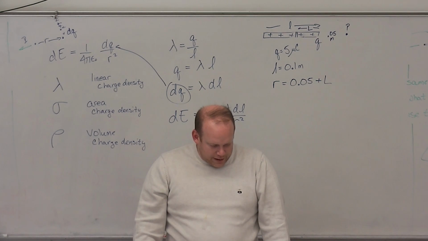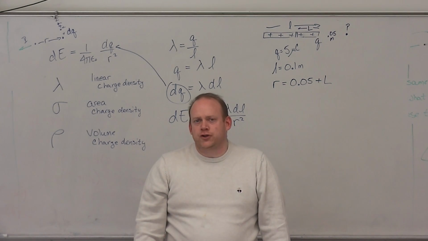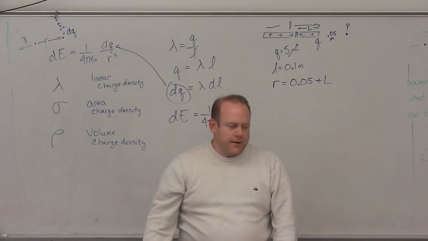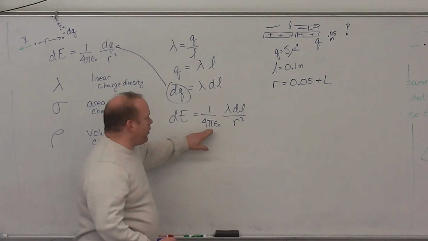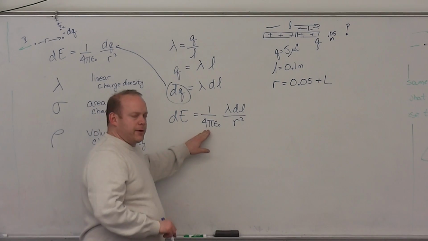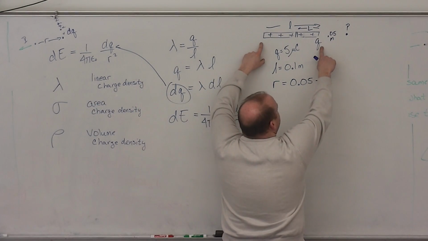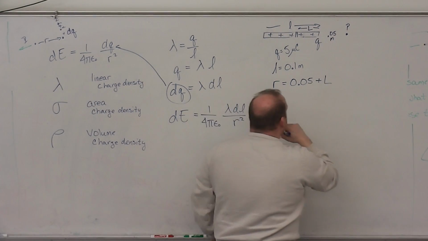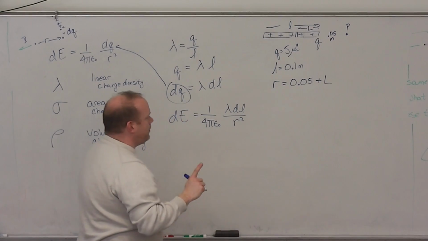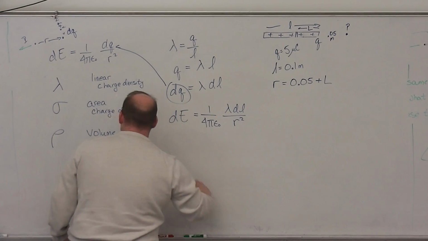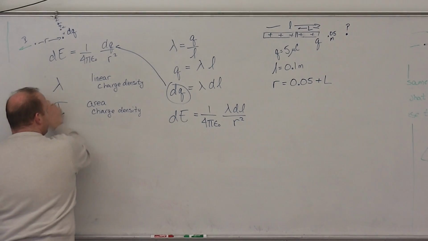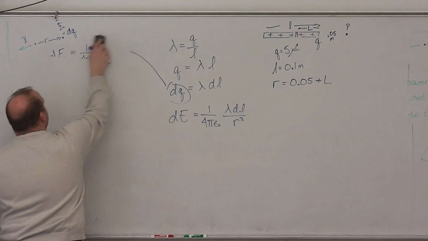Okay. So let's take a look at a ring of charge. This is a little bit harder. This one's a little bit more advanced than the one that I'm going to do next. But if we think of it as on a line, we can solve this kind of problem, but it's a little bit more complex than what I'm about to do. And I want you guys having some practice at doing at least one of these.